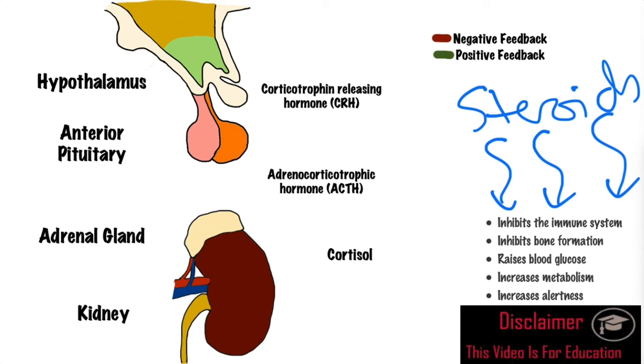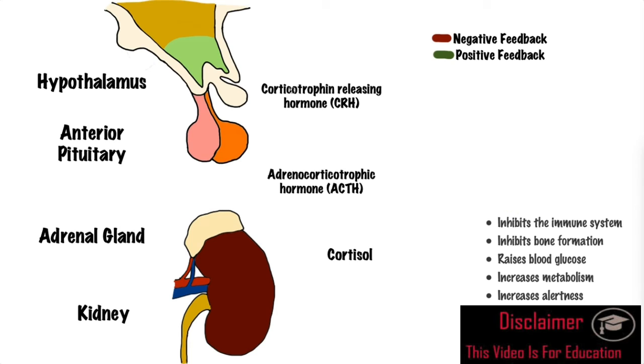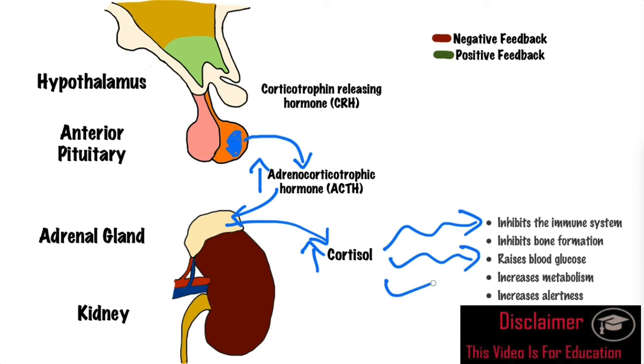Okay, the next cause is where you have this little tumour of the anterior pituitary gland, pituitary adenoma, and this itself produces excessive amounts of ACTH, which stimulates the adrenal gland to produce excessive amounts of cortisol and leads to all of these effects. Okay, so that's Cushing's disease.